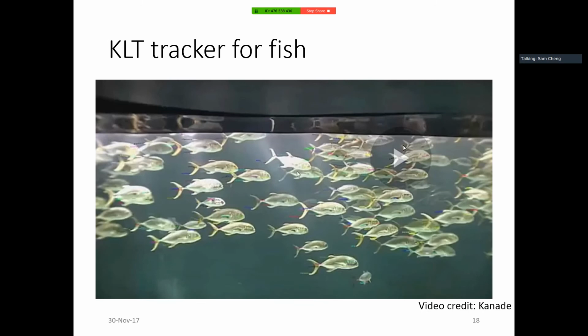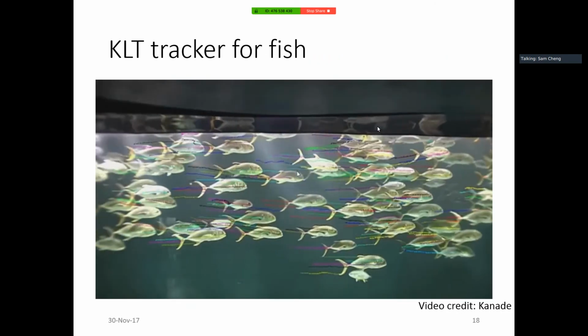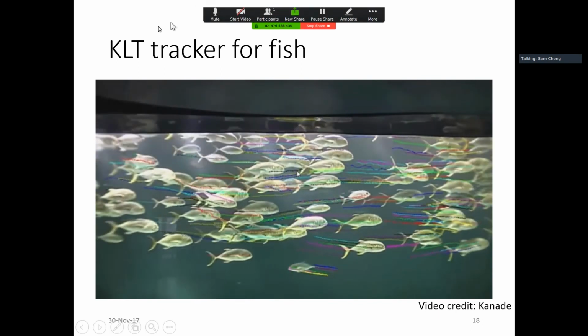Oh, okay. Yeah, but at least the map is showing. So as it moves along the corridor, it's doing the SLAM thing, doing both the localization and mapping. Of course, in that case, it's basically tracking everything in the surrounding and then trying to build a 3D map there. And I'm going to talk about KLT today.